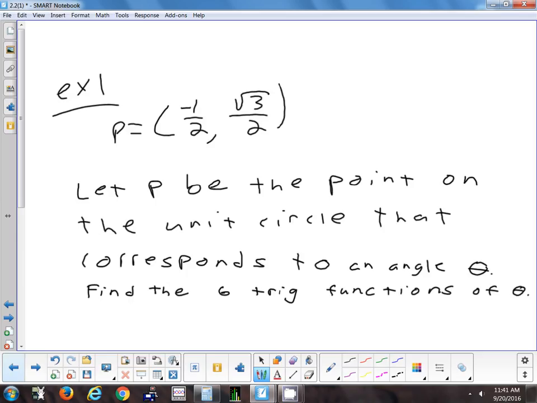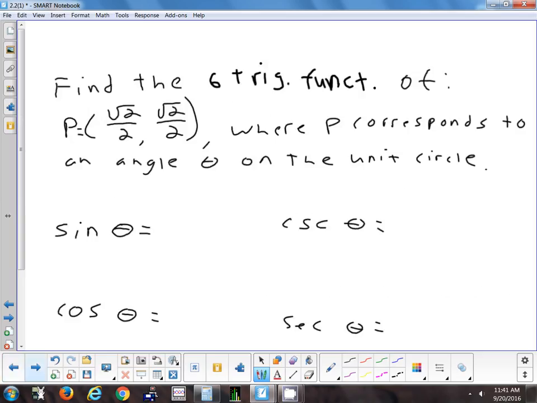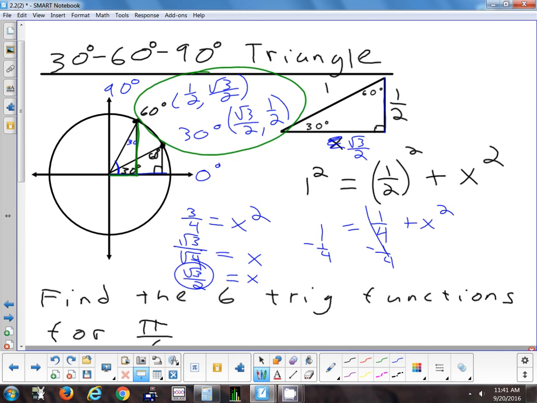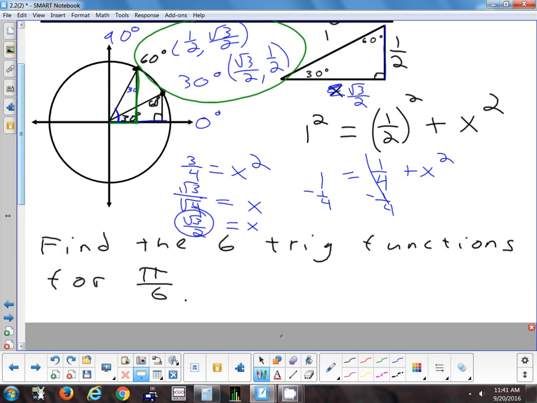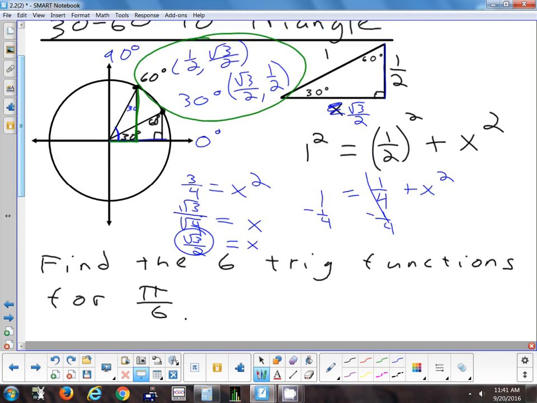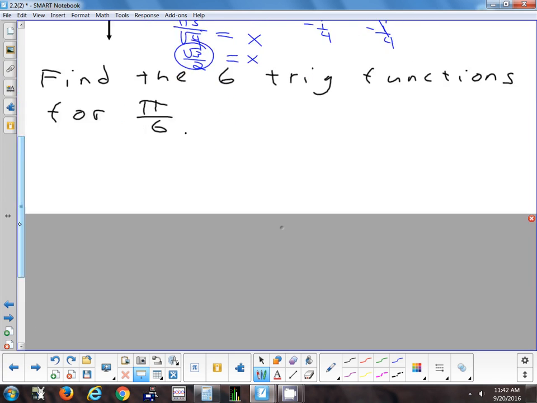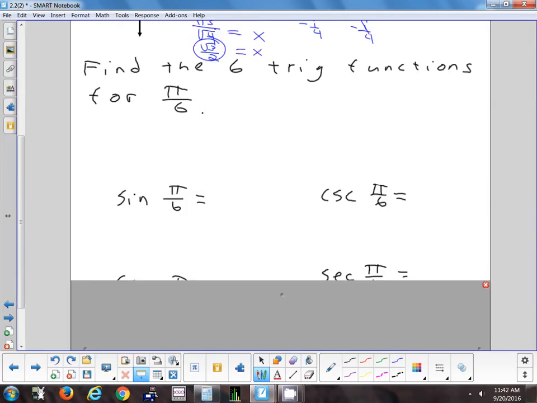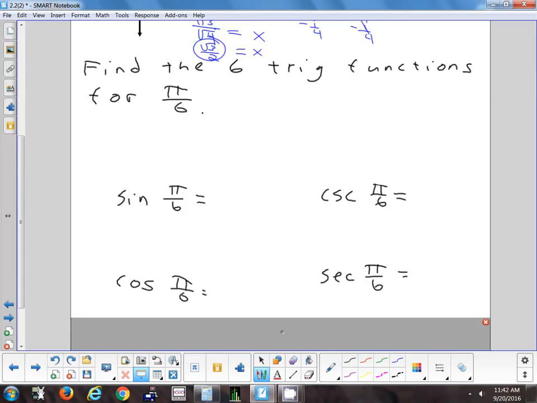But square root 3 pops up a lot, and so does square root 2, depending on what kind of triangle you're working with. Does everybody have those two coordinates written down? All right. So let's see if we can find the 6 trig functions for pi over 6.